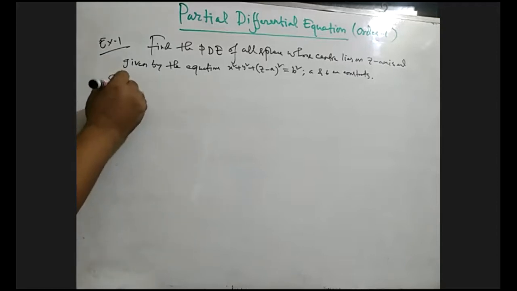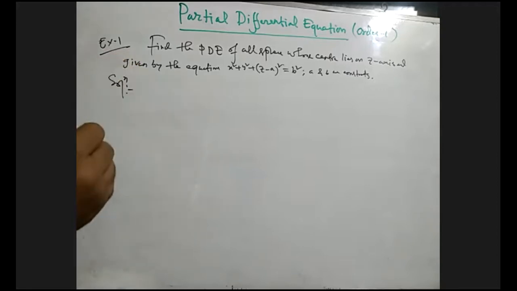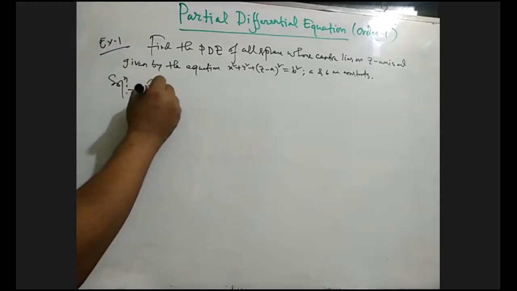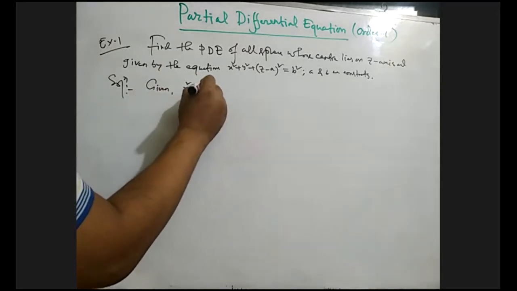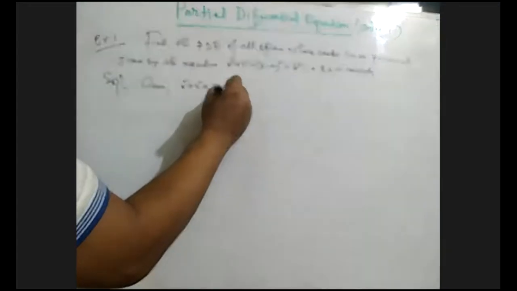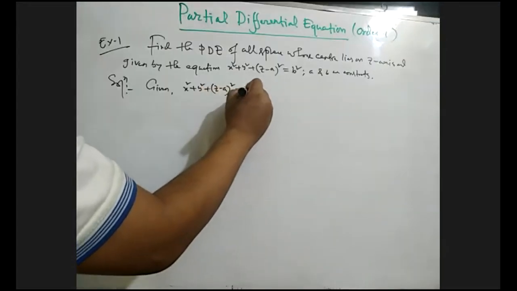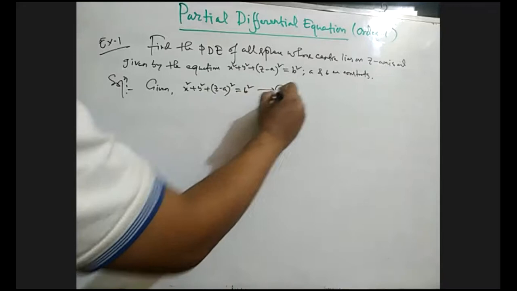Now, how to form a partial differential equation by eliminating constants? This is the example. We are given the equation x² plus y² plus (z minus a)² equals b². This is equation number 1.